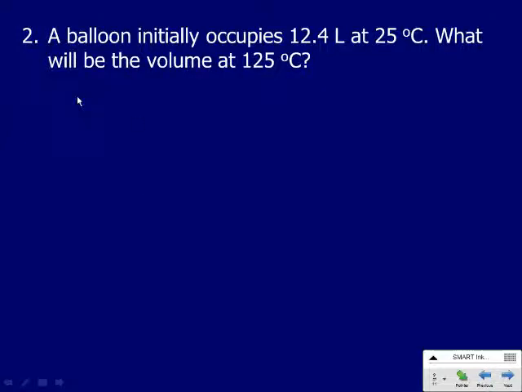Now with this one, and people are starting to manipulate calculators, and that's great. I like to see that you guys just go ahead and start on the problem. With this one, we've got the V1, 12.4 liters, T1, 25 degrees Celsius. When I get a degree Celsius, right away, equals. Behind it, don't even think about it. I don't even need to see the fact that you're adding 273.